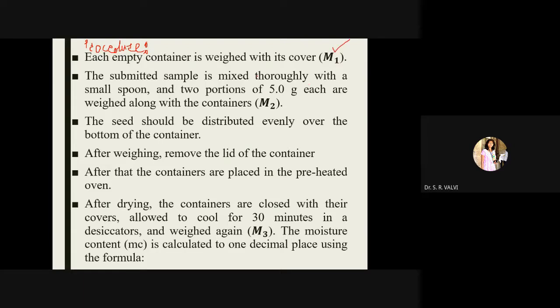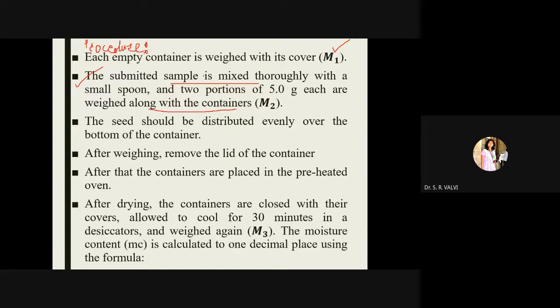The empty container with its lid or cover, that is M1. You have to weigh this container. Then next, the submitted sample is mixed thoroughly with a small spoon and two portions of 5 gram each are weighed along with the container. So here, M1 we have calculated.